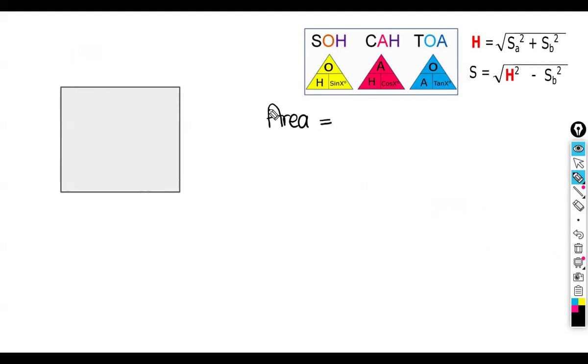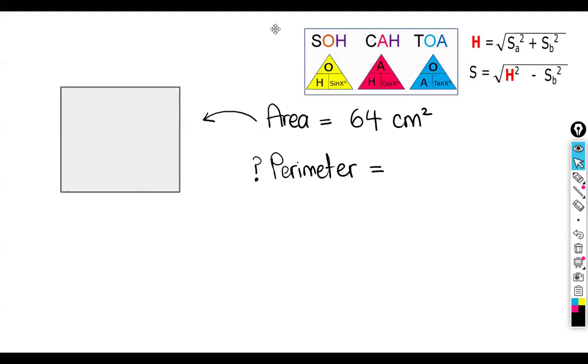I am telling you that the area of this square is, let's call it, 64 centimeters squared. So that's given to you in the exam. Here's what I want you to find. I want you to find the perimeter of this square. So the area of the square is 64 centimeters squared, but I want the perimeter of the square. Good luck.